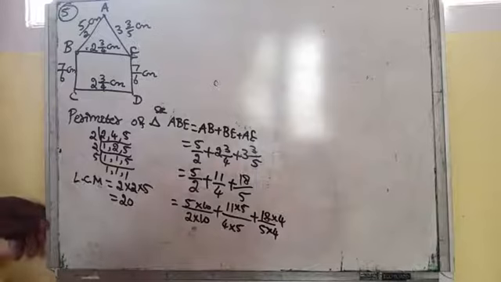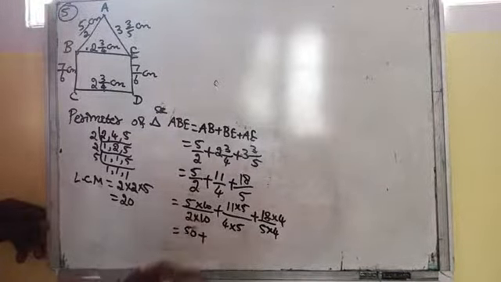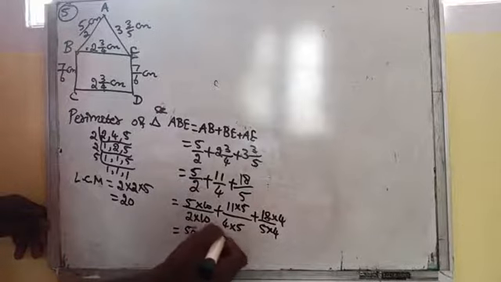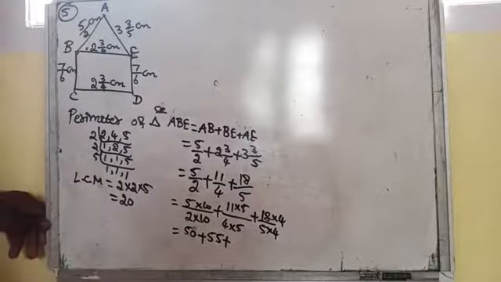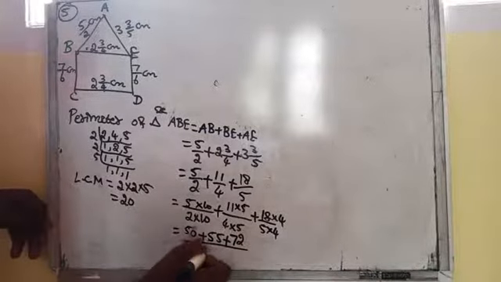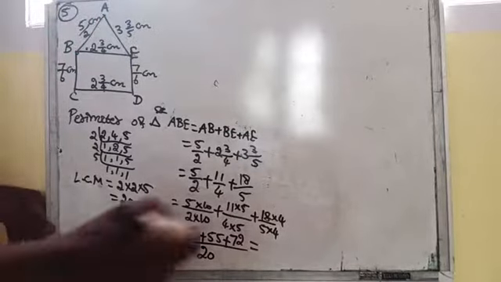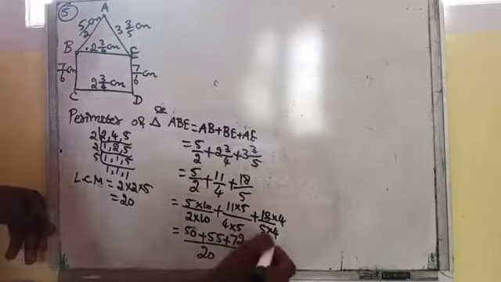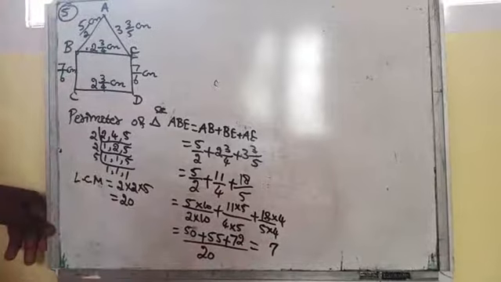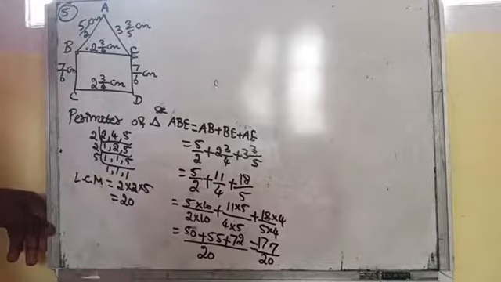Now 5 tens are 50, plus 11 fives are 55, plus 18 fours are 72, over 20. Now adding all this, 50 plus 55 is 105, 105 plus 72 is 177. So 177 by 20 here.